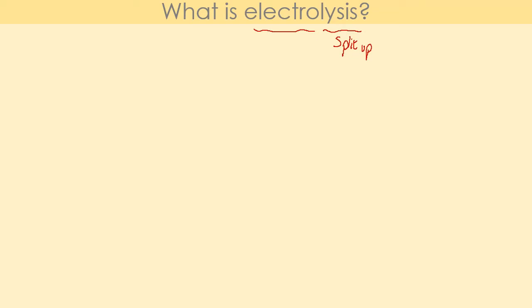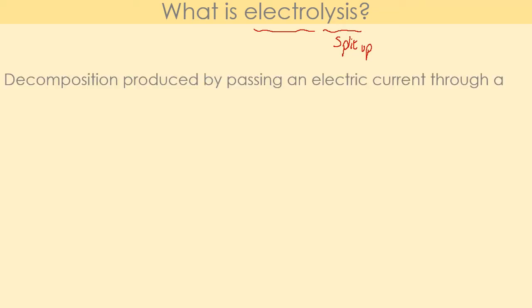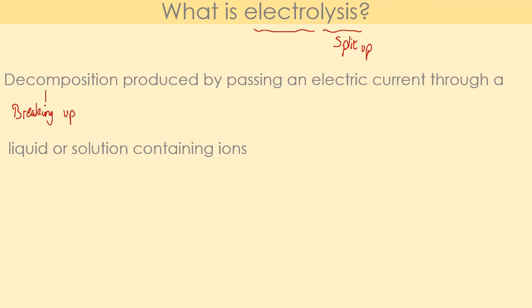So when we talk about electrolysis, what we're talking about is the decomposition produced by passing electric current through a liquid or solution containing ions. So this decomposition is just breaking up or splitting up. We get an electric current, and we have a liquid or a solution containing ions.